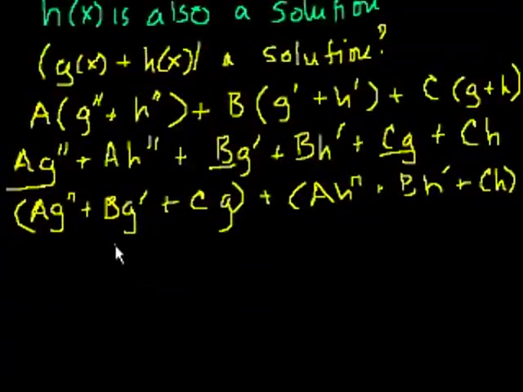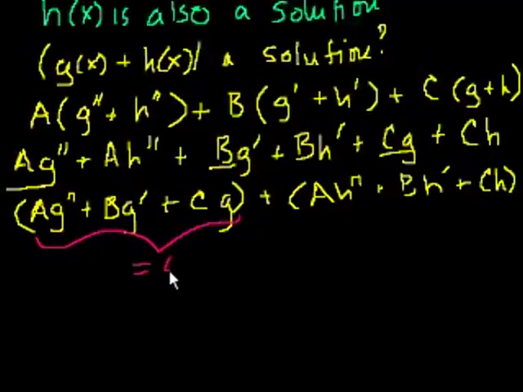And now we know that both g and h are solutions of the original differential equation. So by definition, if g is a solution of the original differential equation, and this was the left-hand side of that differential equation, this is going to be equal to 0. This is going to be equal to 0. And so is this going to be equal to 0. So we've shown that this whole expression is equal to 0.